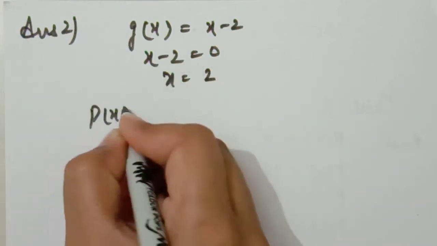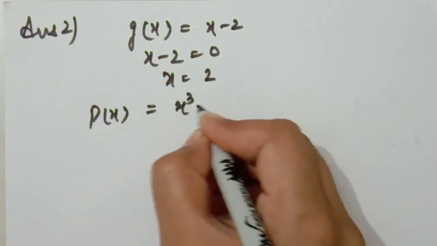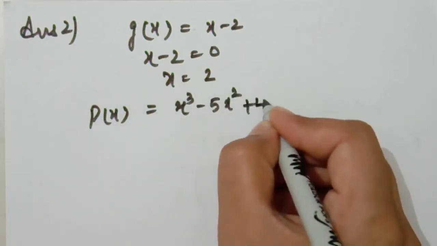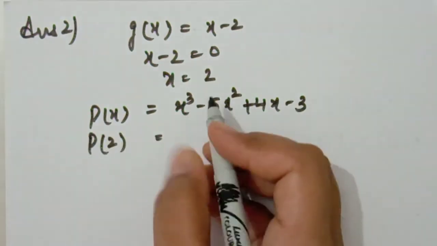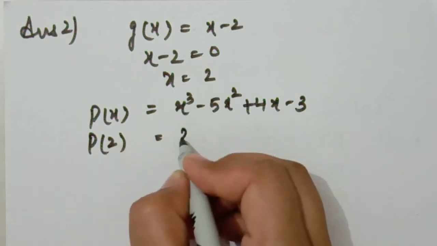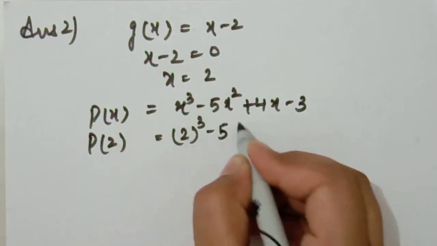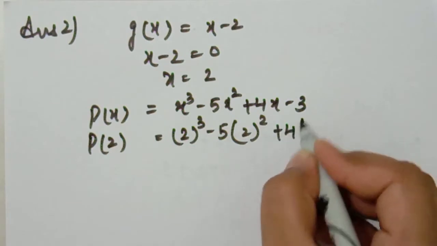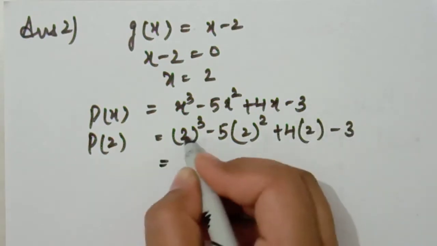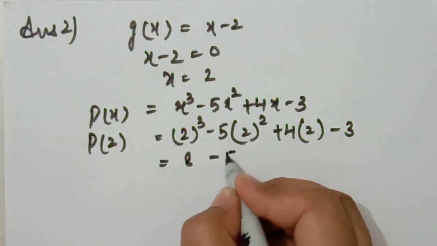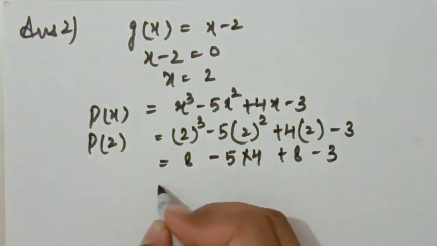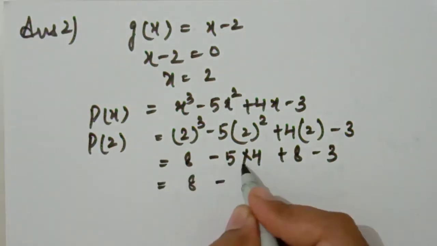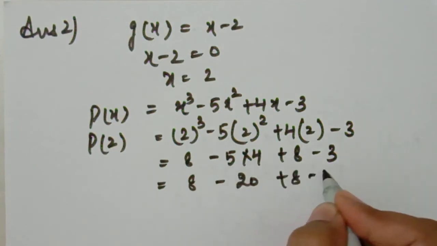Now p(x) is x cube minus 5x square plus 4x minus 3. We will replace the value of the variable in it with 2. Then it is 2 cube minus 5 times 2 square plus 4 times 2 minus 3. 2 cube is 8, minus 5 times 2 square, 2 square is 4, 4 fives are 20, plus 8 minus 3.